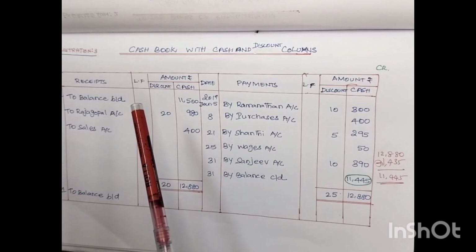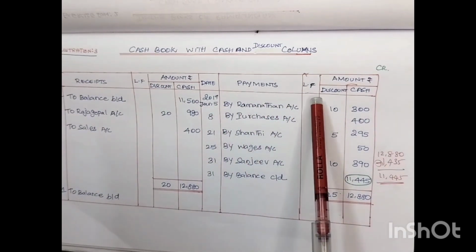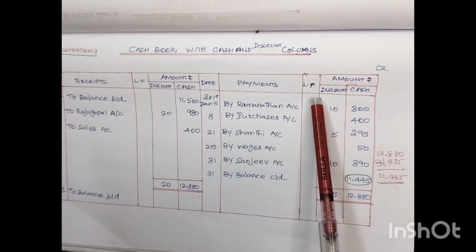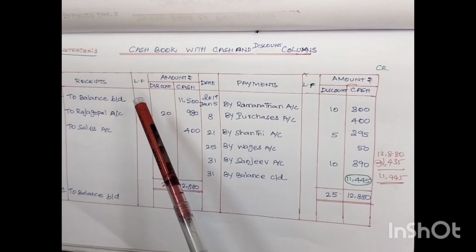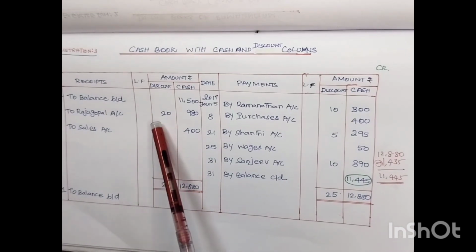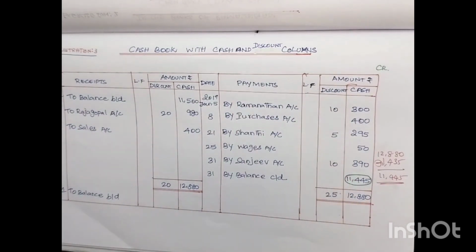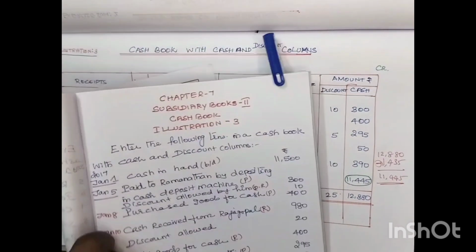The debit side discount column represents discount allowed, and the credit side discount column represents discount received. Discount allowed is recorded on the debit side, and discount received is recorded on the credit side. Okay, let's see the transactions one by one.